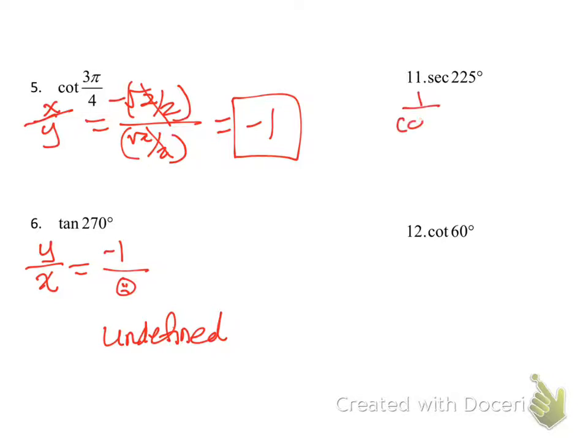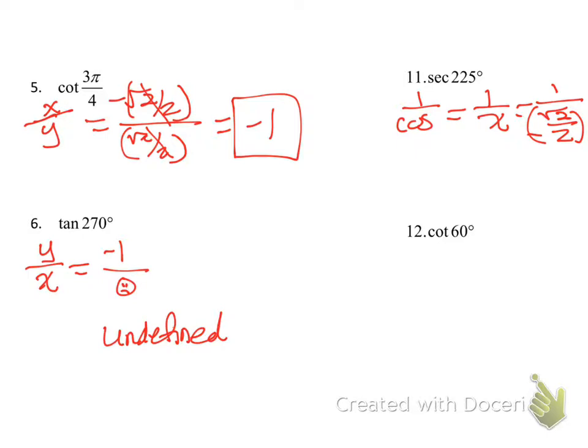Secant is 1 over cosine. Cosine is your x value. So I go to 225 on my unit circle, and it has a denominator of 4, right? 5 pi over 4. So those are the numbers again, root 2 over 2, root 2 over 2. So 1 over root 2 over 2. In quadrant 3, my x is negative.